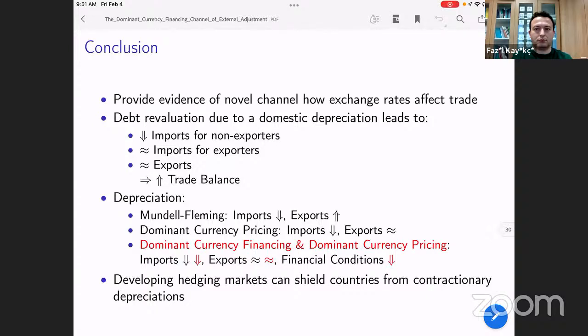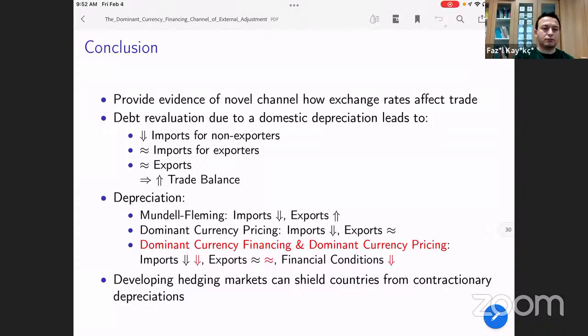When we then look at dominant currency financing and dominant currency pricing together, imports go down even more than under Mundell-Fleming or under DCP. Exports still stay the same as is the case under DCP and not as is the case in Mundell-Fleming.